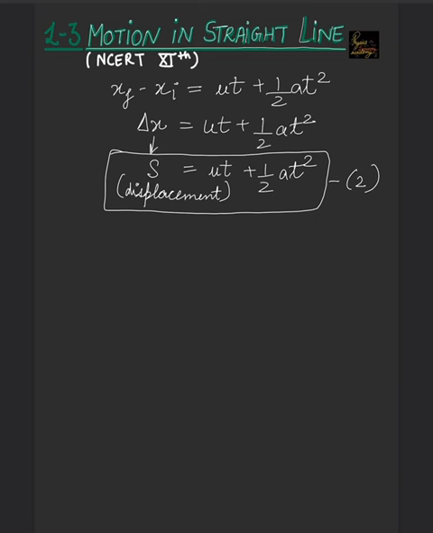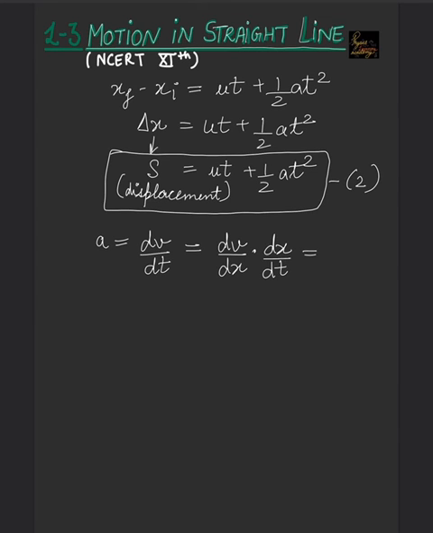Then we go for the third equation, which comes out as simply what we have here is a, which is dv by dt. What I do is simply I divide it by dx and multiply it by dx.